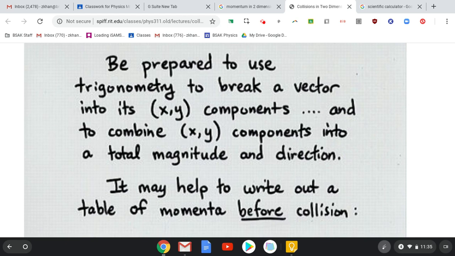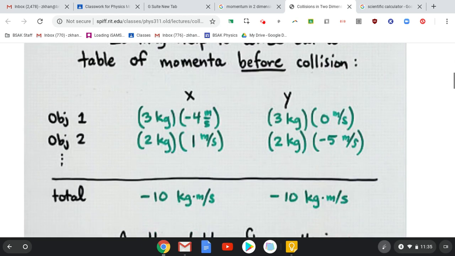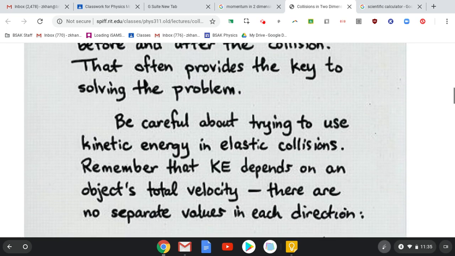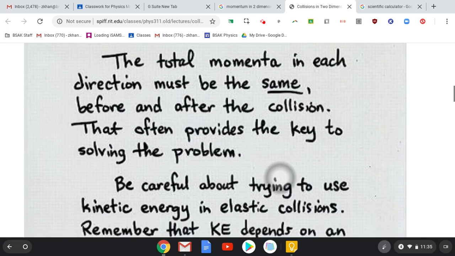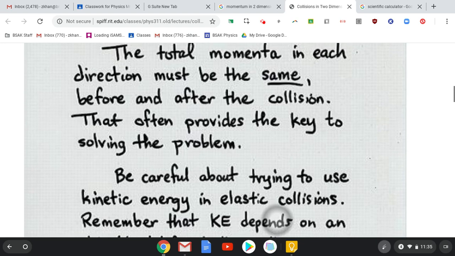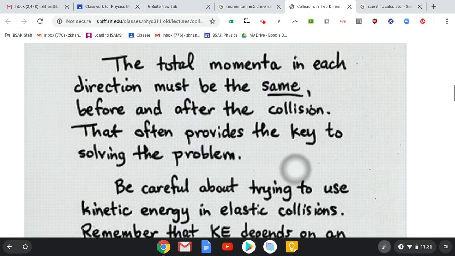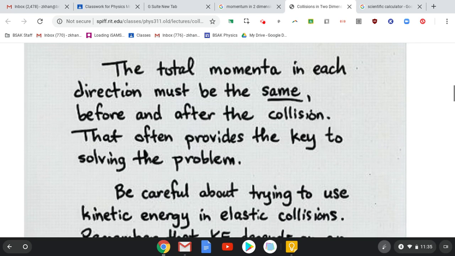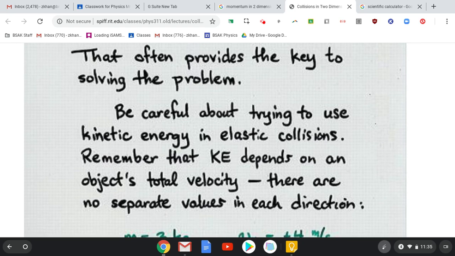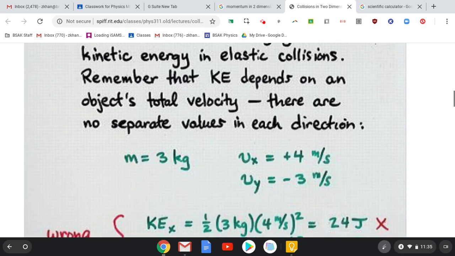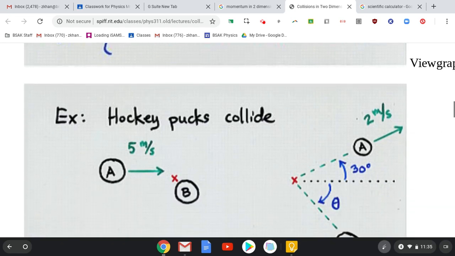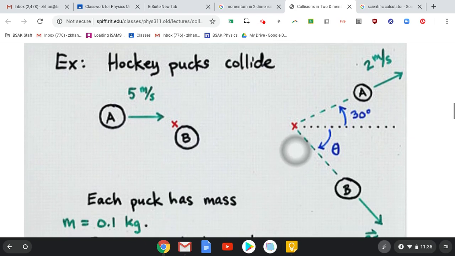But what I'm going to do is look at a specific technique which I feel is best. But if you find another technique, that's absolutely fine. Okay, so these notes here say the total momentum in each direction must be the same before and after. And if you were to find the kinetic energy before and after, if it's the same, it's elastic. If it's not, it's inelastic.